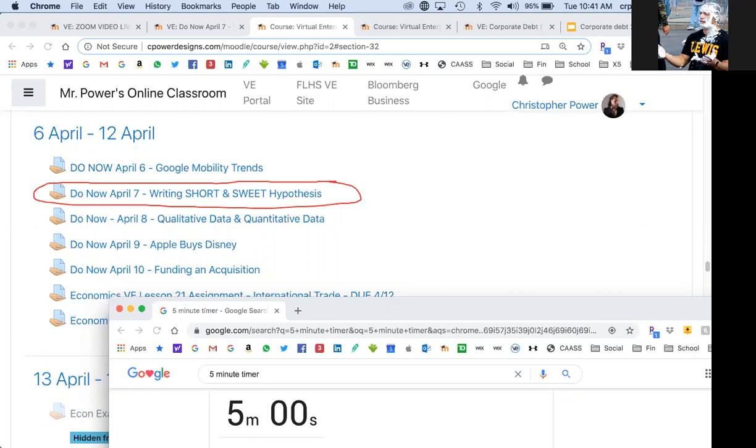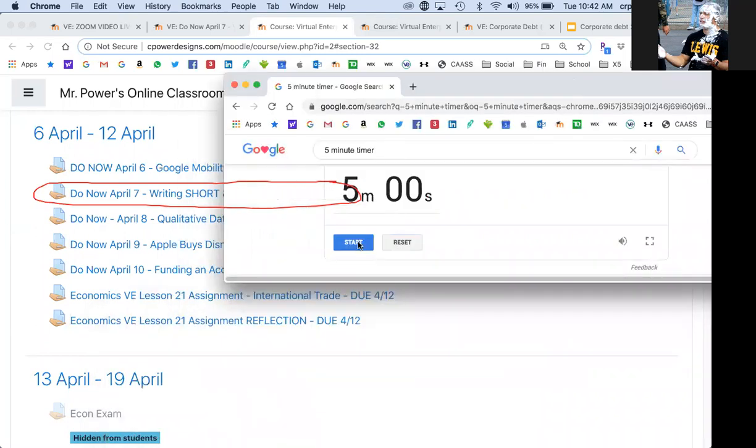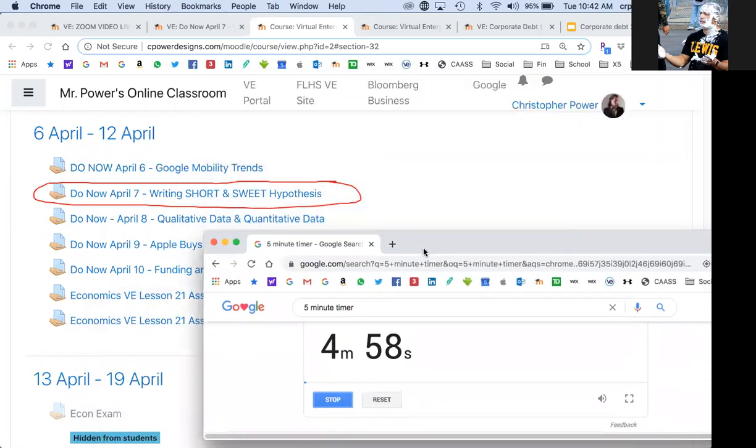So what you guys are going to do now, I'm going to start this 5-minute timer. I want you to go into this do now, short and sweet hypothesis. Take the hypothesis that you wrote and posted yesterday, read the elements of a hypothesis here.